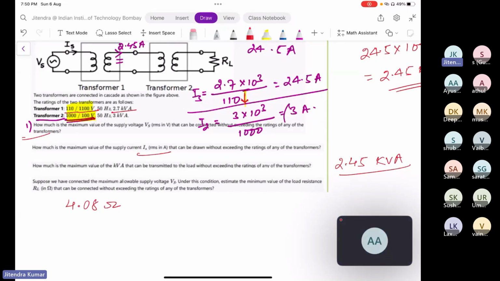Before that, I will ask if there are any different answers for this. Sir, same. Okay, same. Then, if everyone else is agreeing, then we can hear the reasoning of Ayush. Okay, Ayush, go ahead. Yes, sir.